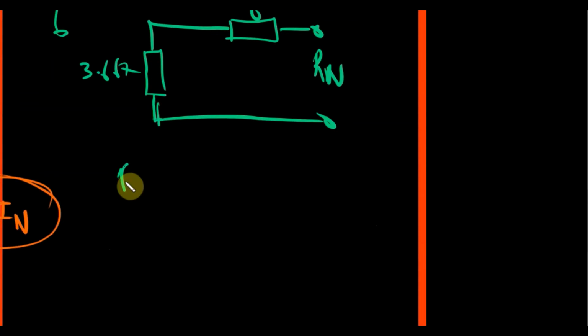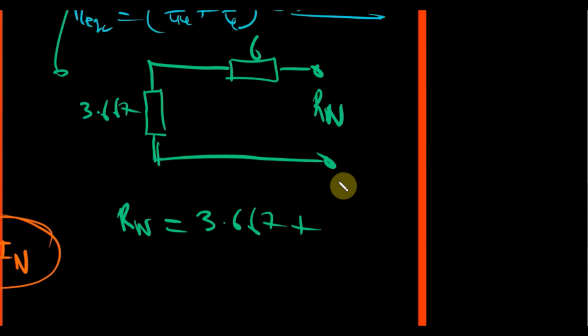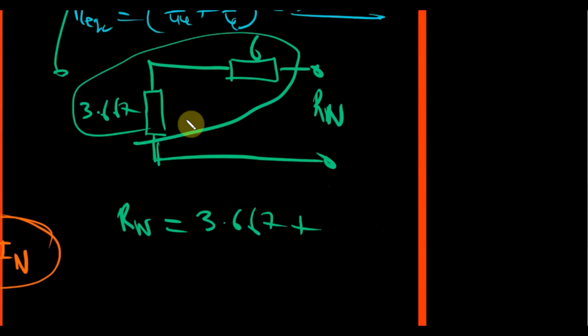Therefore, R Norton is equal to 3.667 plus 6. The whole idea is we want to combine all of these into a single resistor, and that single resistor of all the combined resistors is our R Norton or our R Thevenin.